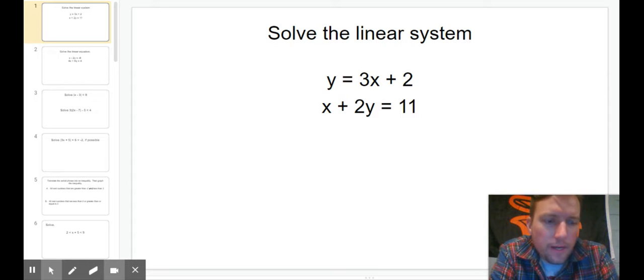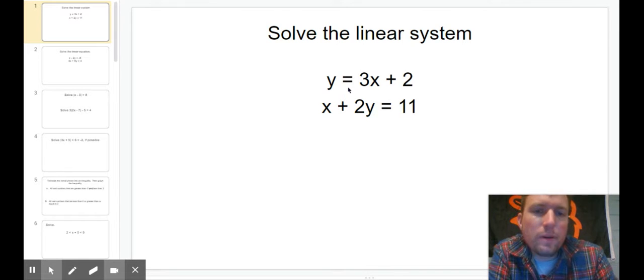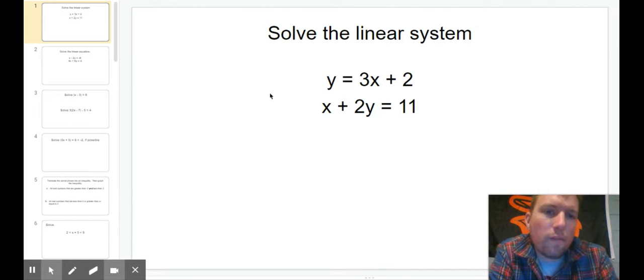It's a system of equations because these two equations are related, and they share the same value for x and for y. Because they are related and share the same value for x and y, we can use that when we solve these equations. We're going to explore how to solve these systems of equations today, tomorrow, and into the end of the week.